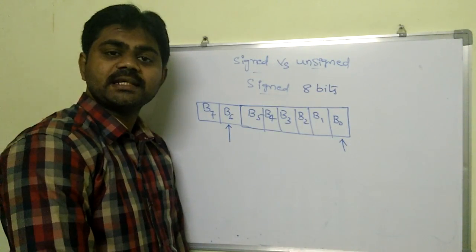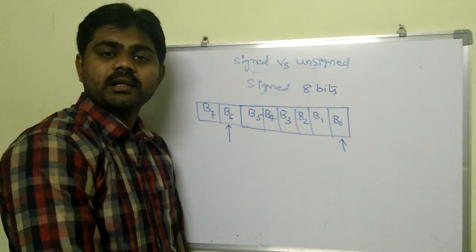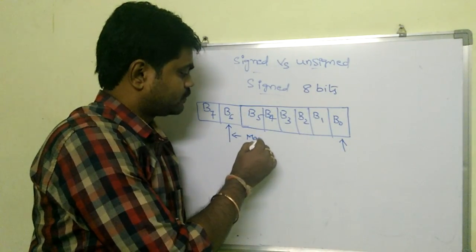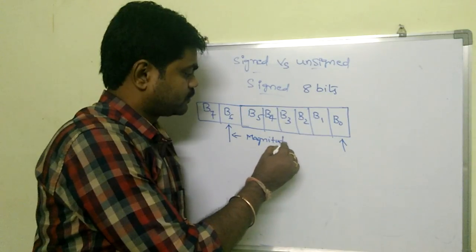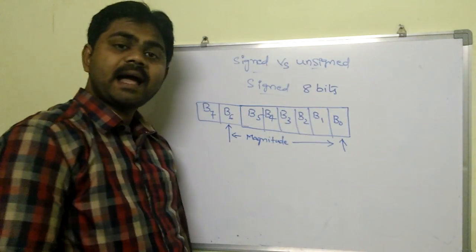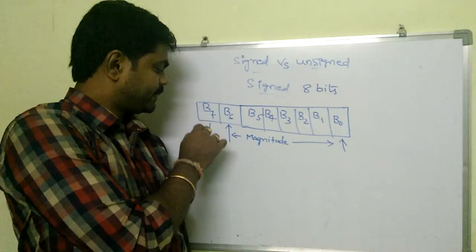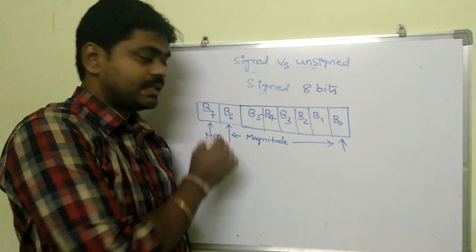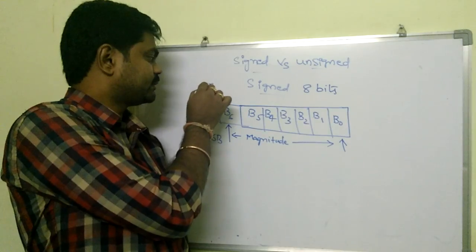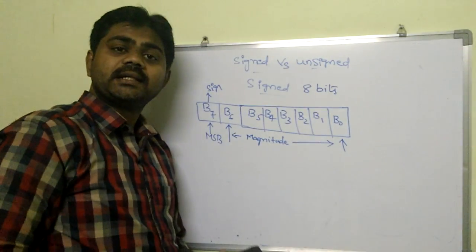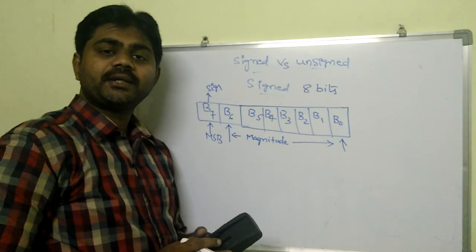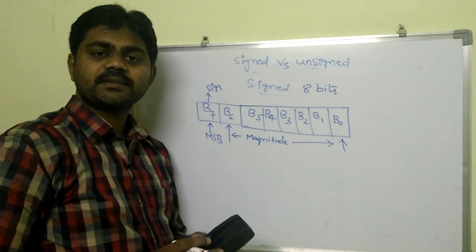From B0 to B6, these 7 bits are called the magnitude. And the 8th bit, that is the most significant bit, B7, is called the sign. So here we define a positive number or a negative number, plus or minus.